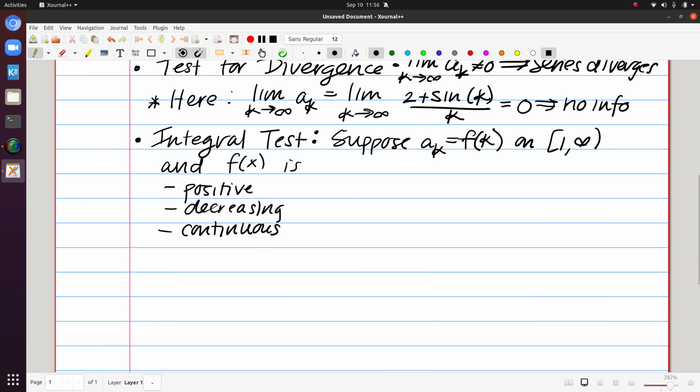If that's true, then we can say that the sum of the a sub k's and the integral of f of x both converge or both diverge.